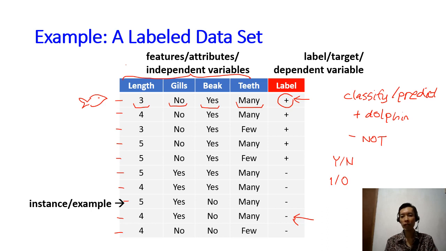No, it's just a label. It just says that this instance has been labeled for sure as a dolphin, and this instance has been labeled for sure as a fish that is not a dolphin. So for supervised learning, you need to have a data set that looks like this. For each instance, it has been labeled.